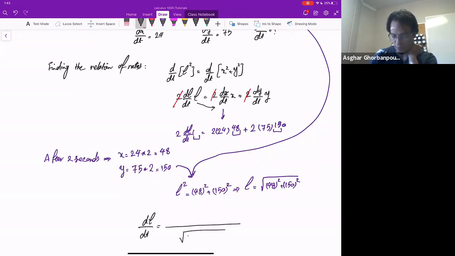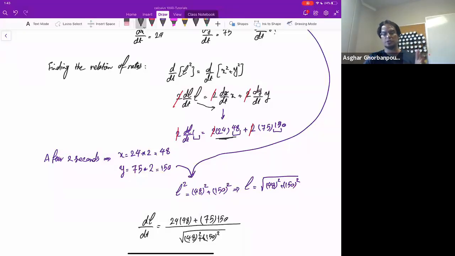So it is the root of 48 squared plus 150 squared, and in the numerator, I have 48 times 24 plus 75 times 150.